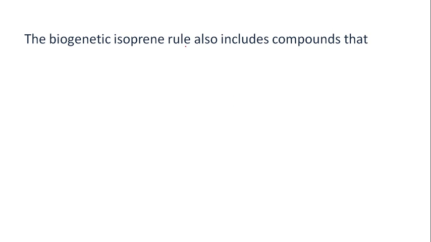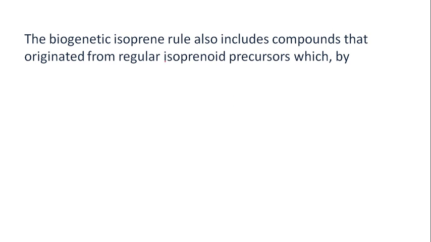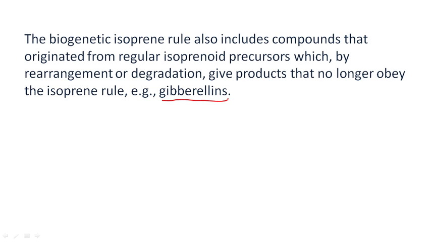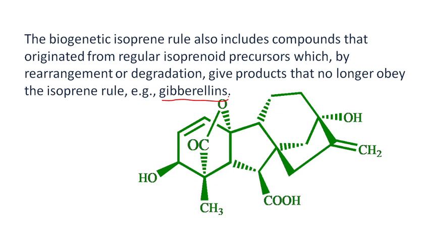The biogenetic isoprene rule also includes compounds that originated from regular isoprenoid precursors, which by rearrangement or degradation give products that no longer obey the isoprene rule. Means in the previous isoprene rule and special isoprene rule, these compounds were not included because in these compounds it is very difficult to identify where the head to tail union is. The biogenetic isoprene rule does not state the head to tail union.